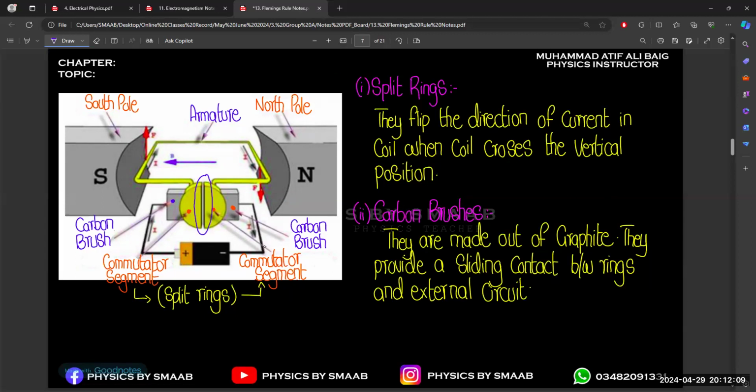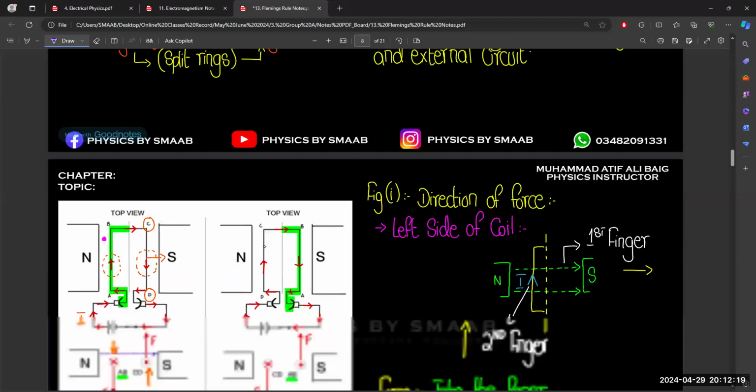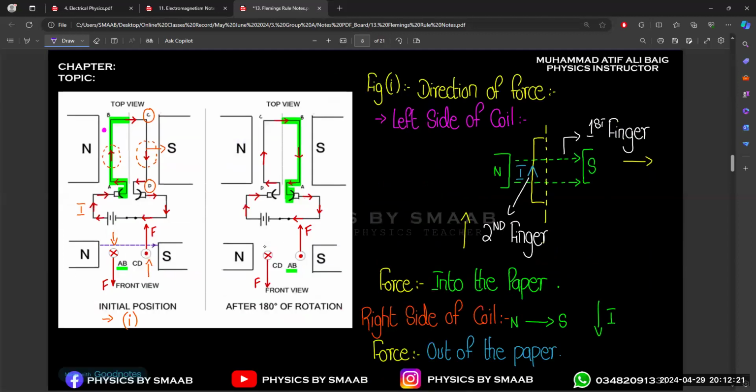Due to inertia, there is no current flow from this gap part of the coil. So the coil continues rotation by inertia, and one side moves upward, the second side moves downward, just like the steering wheel of a car. So basically, it supports the rotation of the wheel, and that will give you a complete rotation in one direction.